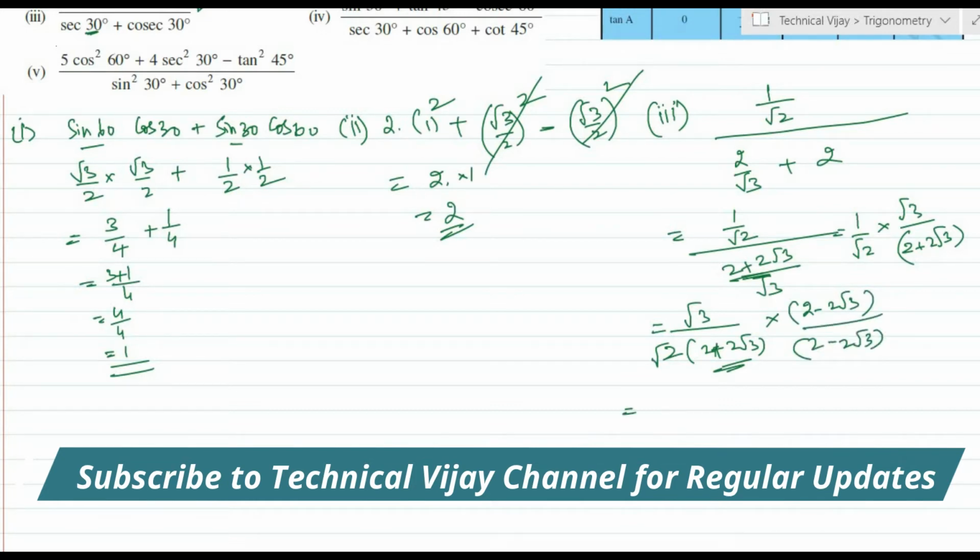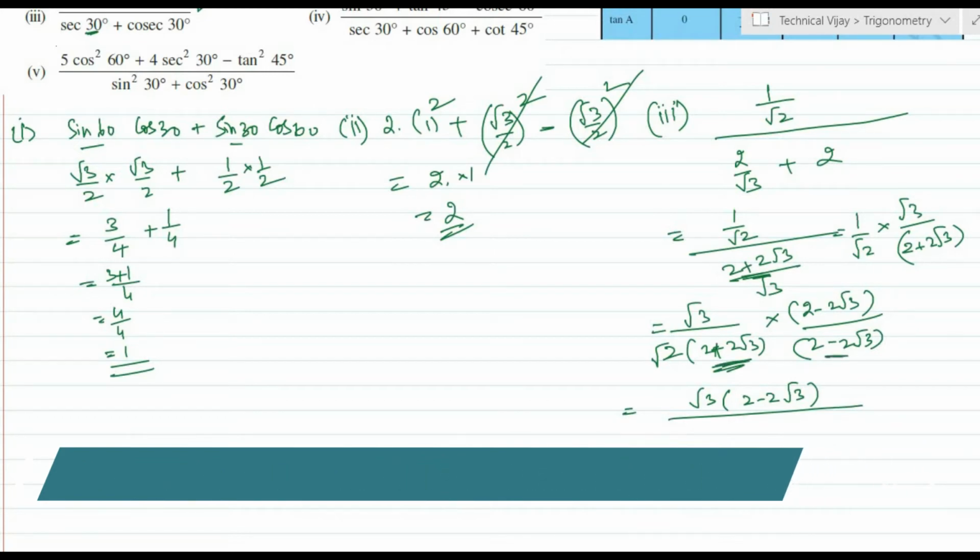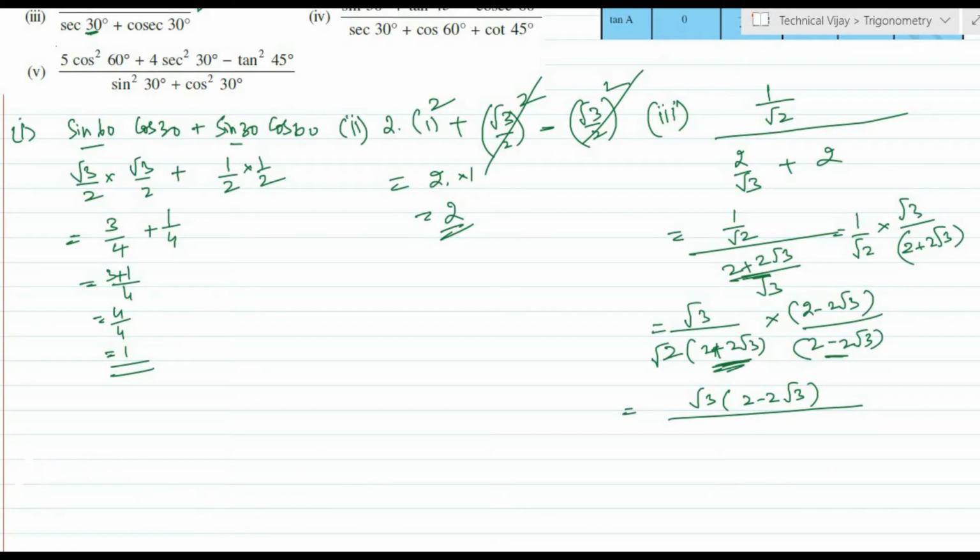This is root 2. So here root 3 into 2 minus 2 root 3 divided by, so here a minus b into a plus b is a square minus b square. A square means 2 square, that is 4, with root 2 outside. B square means 2 root 3 whole square, that is 4 into 3, 12.